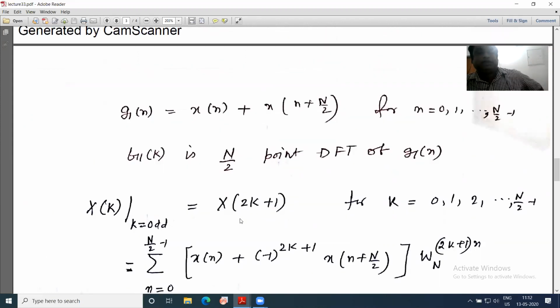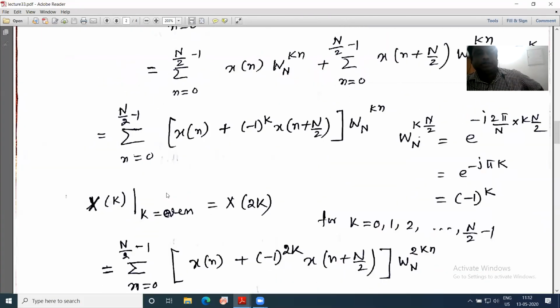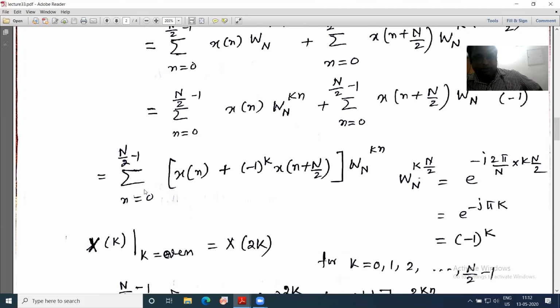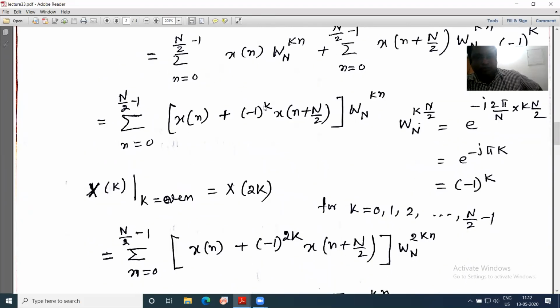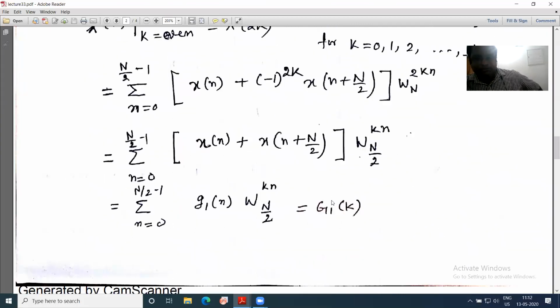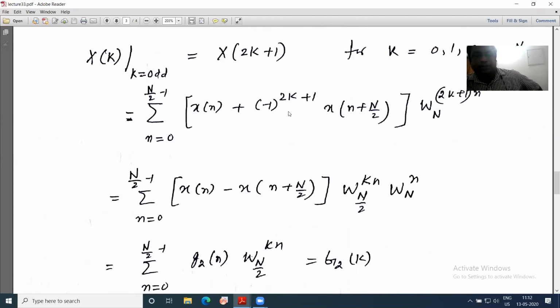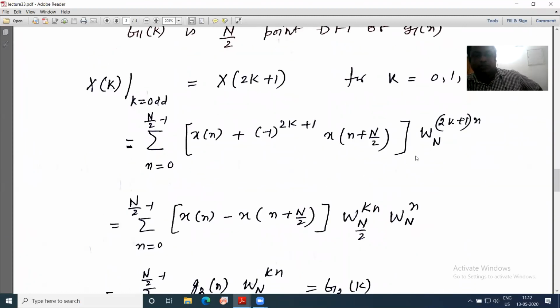Now in this expression, I am substituting k equal to 2k plus 1, in this particular expression of x of k. So if you replace it, this becomes 2k plus 1 and this k becomes 2k plus 1. Therefore, we can say x of n, minus 1 to the power 2k plus 1, wn 2k plus 1 into n.